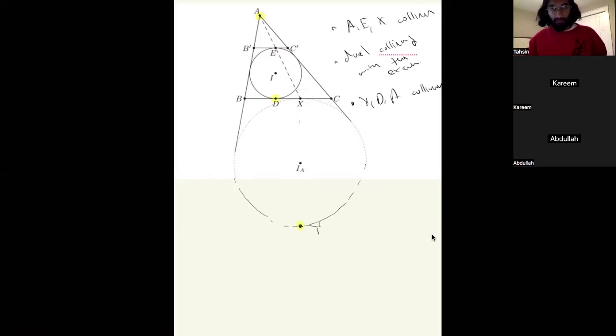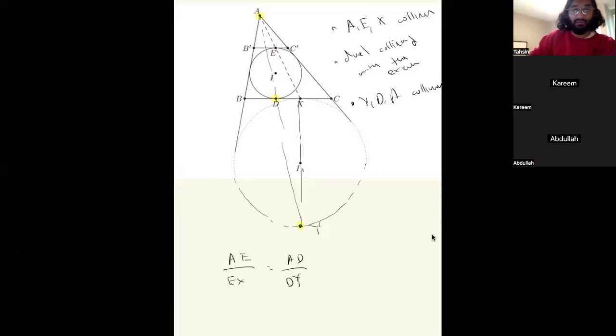And there's a variety of things that are true, for example, AE over EX equals AD over DY. There's infinite theorems you can generate.